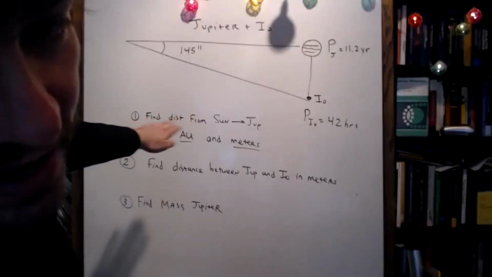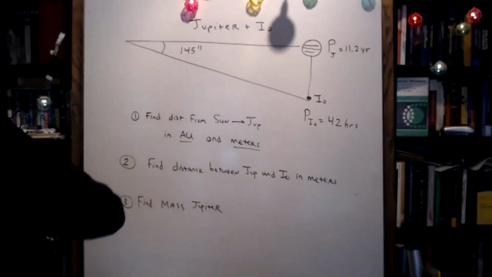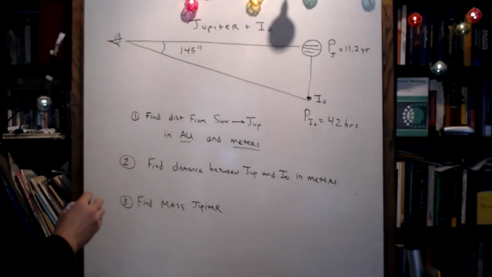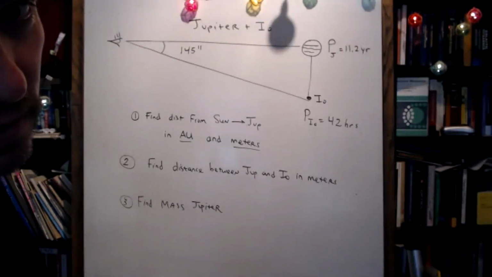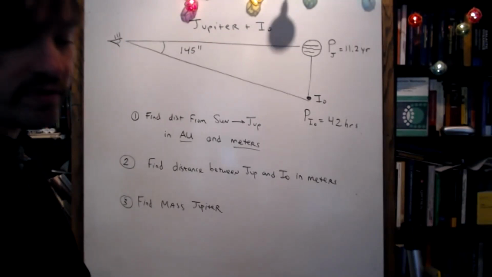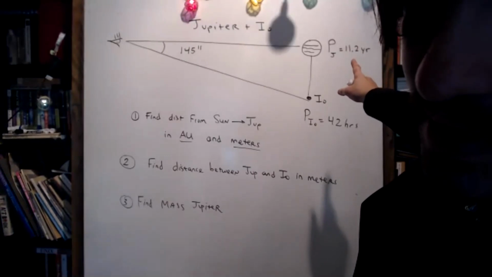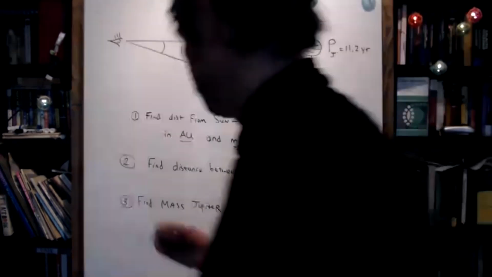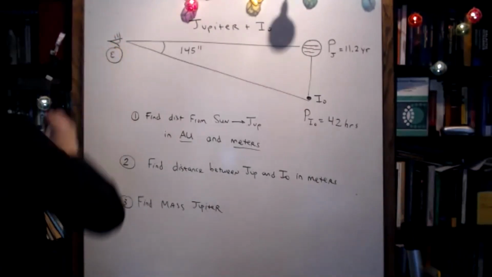Okay. Do you guys have any idea how I would find the distance from the sun to Jupiter? I would guess some sort of perversion of the small angle formula. No. There's a simpler and faster way. Let me give you a hint. If you have the period of the planet, you should be able to find that right away. Newton's third law?